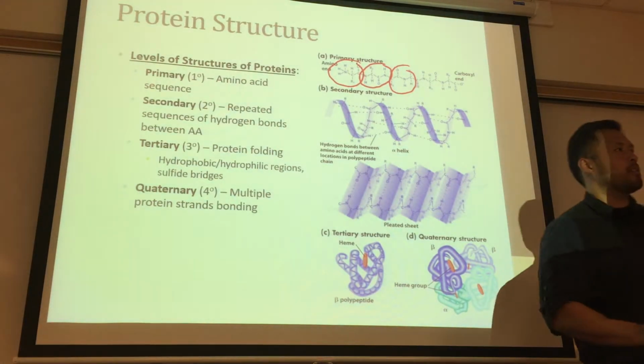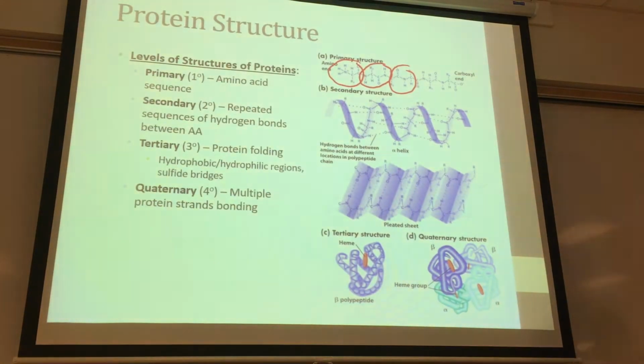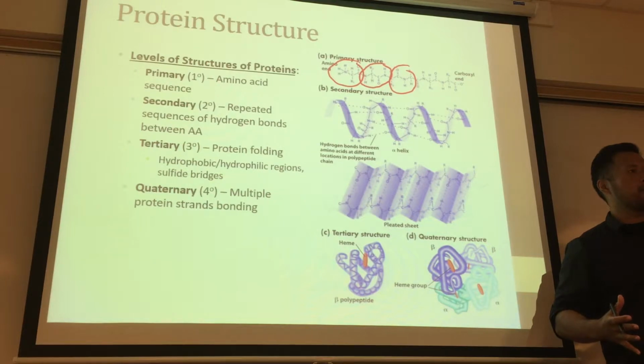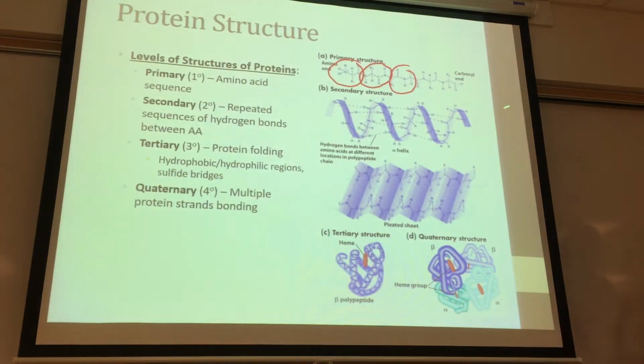Now, the thing you need to know about proteins is that we don't have just one amino acid, we don't have just 2 amino acids. Proteins can be really, really big. I'm talking about hundreds of thousands of amino acids that go on forever. We make a bunch of proteins.